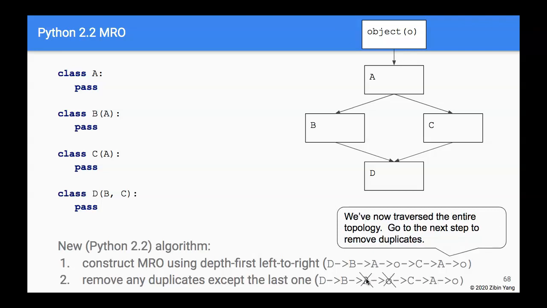If there are multiple A's, we always remove all of them except the very last one. Also, we remove the first O and leave the last O. And so we are left with the MRO of D, B, C, A, and O.